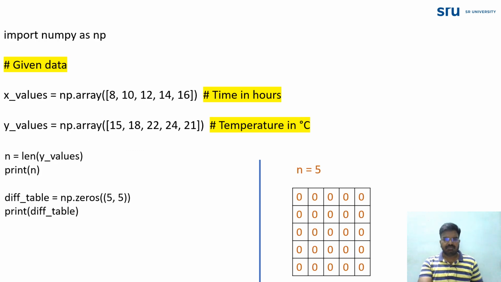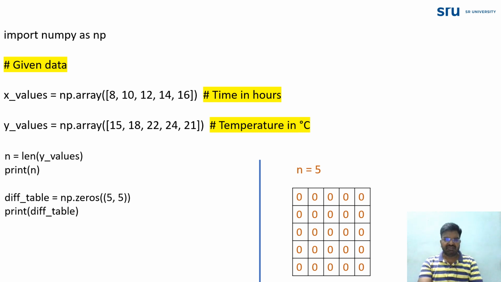Now I write Python code. First, I import the library numpy as n. I generate the first array with the values of time and I am saving this array with the name x values. The second array is generated with the values of temperature and I am saving this second array with the name y value.